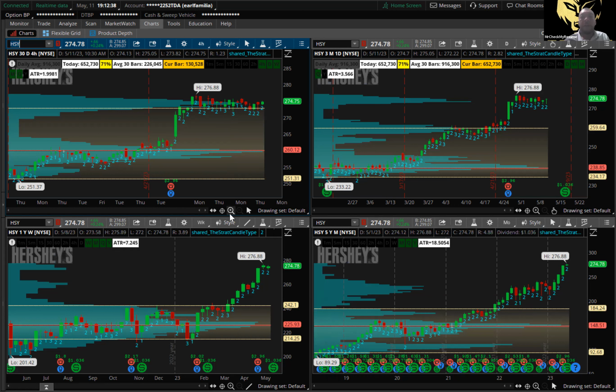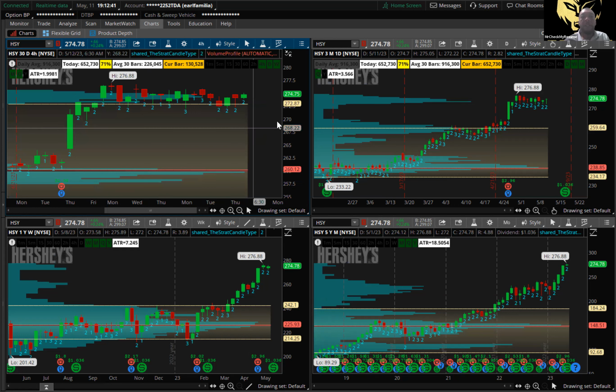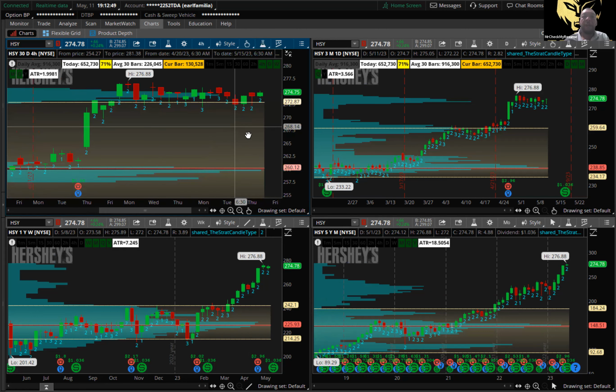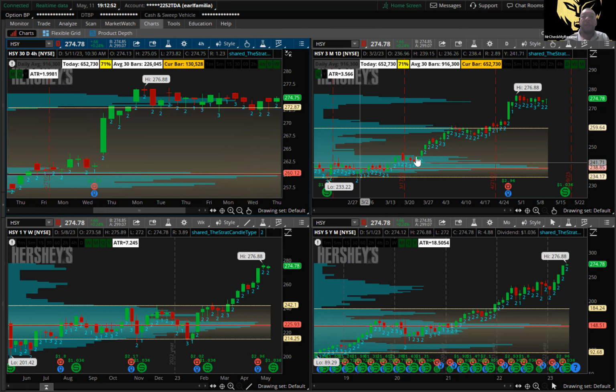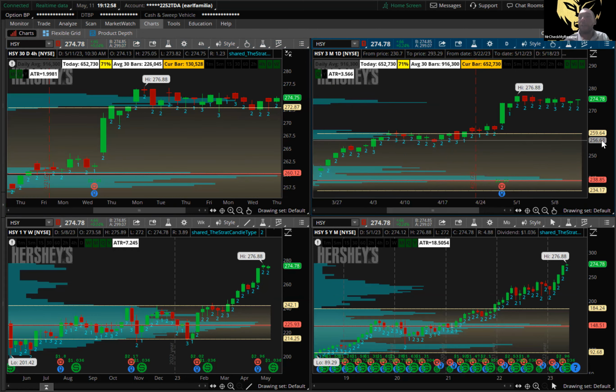Right. So looks like you're in continuation on the 4. Looks like it's flagging right here. Might be a good flag. But yeah, looks like we're flagging right here on the 4-hour and the day. Sheesh.